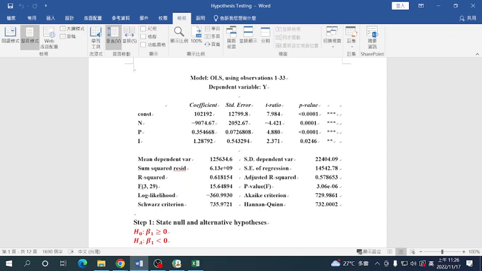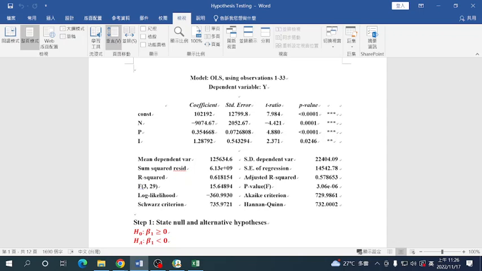Then how do I state the alternative hypothesis? The union of the null hypothesis and alternative hypothesis is the whole story. So this is useless and this should be useful, right?